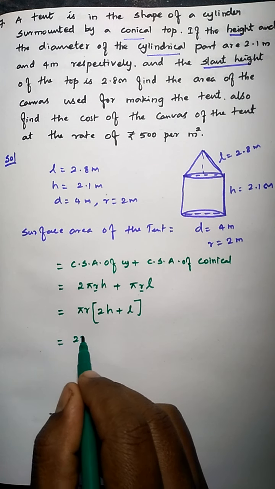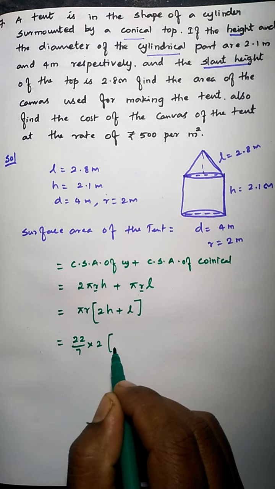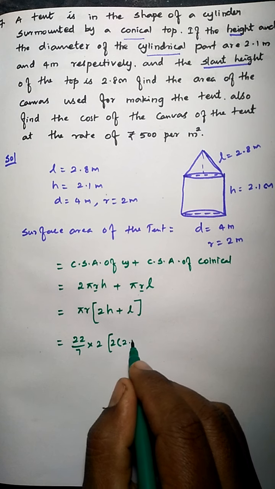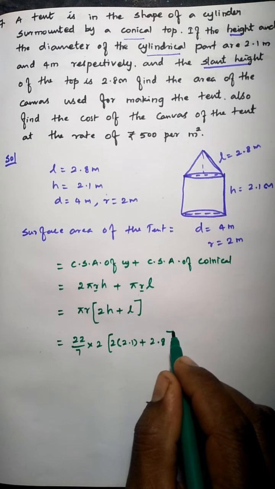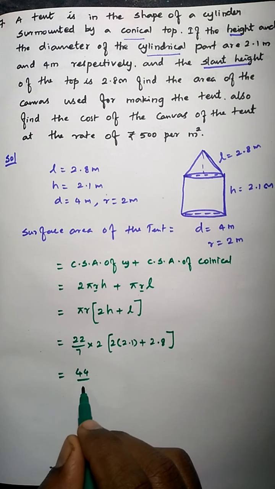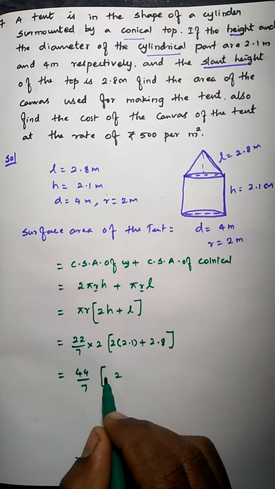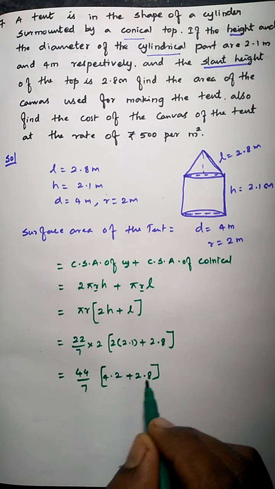So pi value 22 by 7 into r radius we have 2 into 2 into h height we have 2.1 plus L slant height we have 2.8. Now let's multiply this. You will get 44 by 7 into, if you multiply this you will get 4.2 plus 2.8.